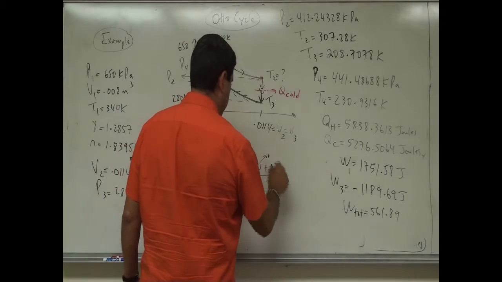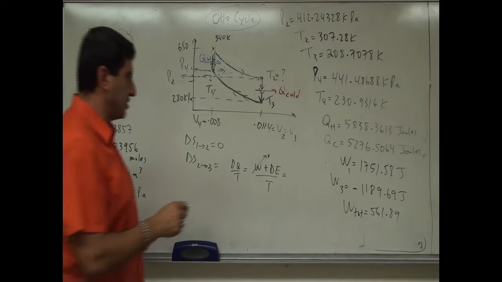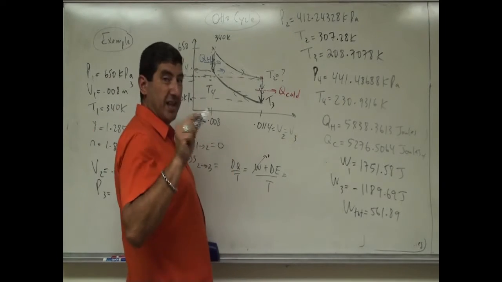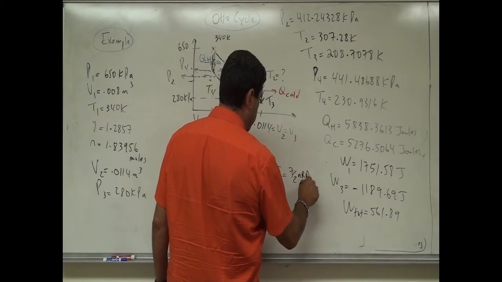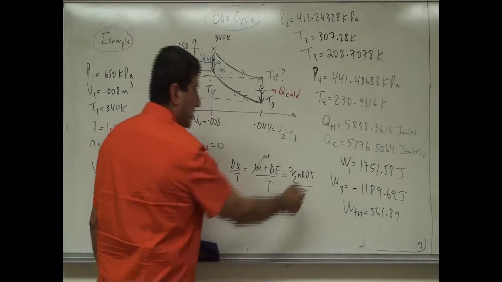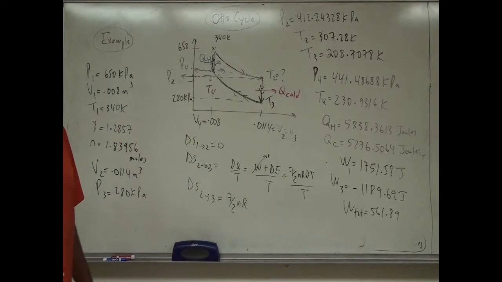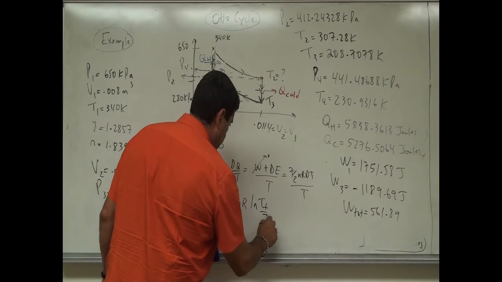So then the delta E is just the change in internal energy, which, since this is a polyatomic gas, is 7/2 nR delta T over T. Then I take the integral of delta T over T, so I get ln of T final over T initial.